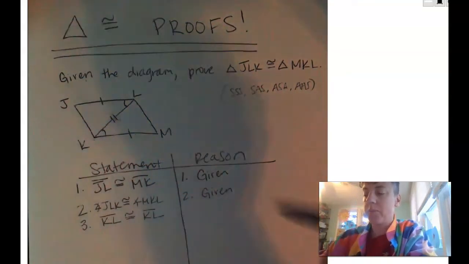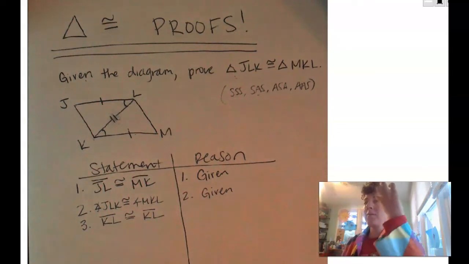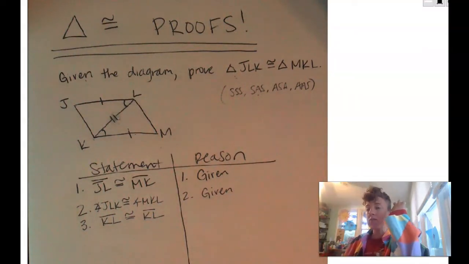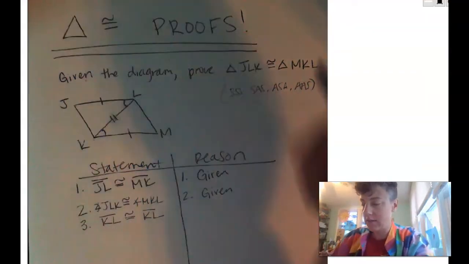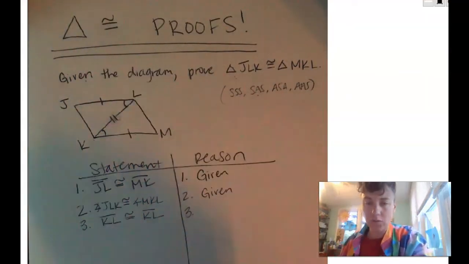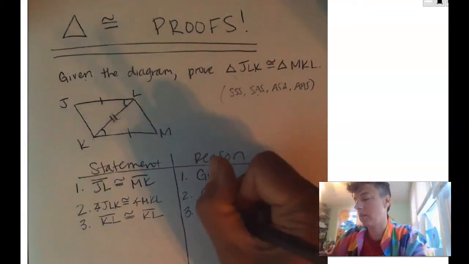It's part of both triangles, and it has to be congruent because it's the same thing. And now let's dig way back into our brains. Why is something congruent to itself? What is the reason something is congruent to itself? Starts with an R, and it's the reflexive property.